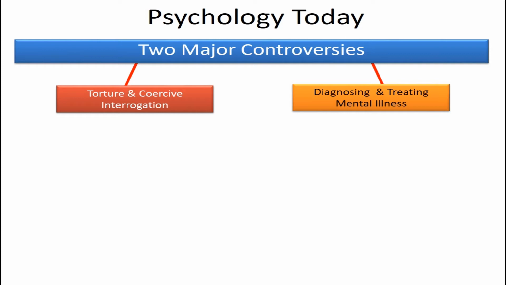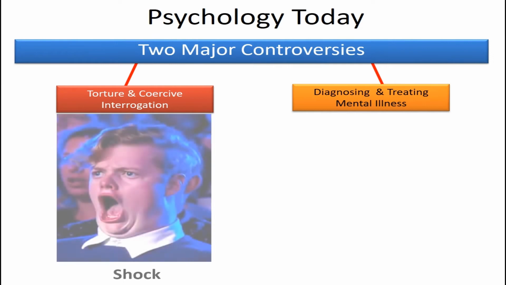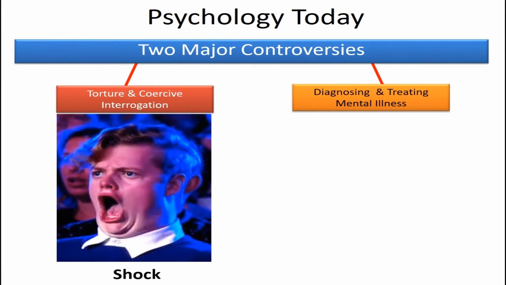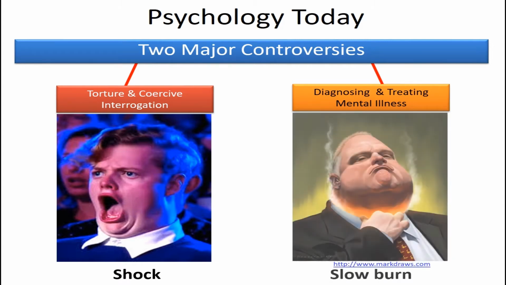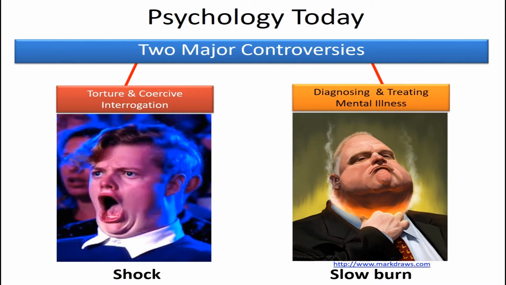The torture controversy has come as somewhat of a shock to the profession, whereas the mental illness controversy has been much more of a slow burner that is slowly heating up, and it might become a full-on crisis by the time you become professional psychologists. We just don't really know at this stage.